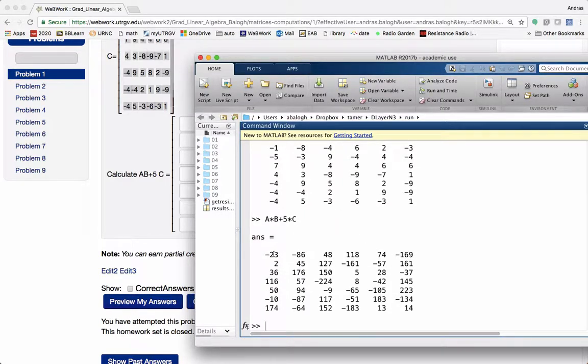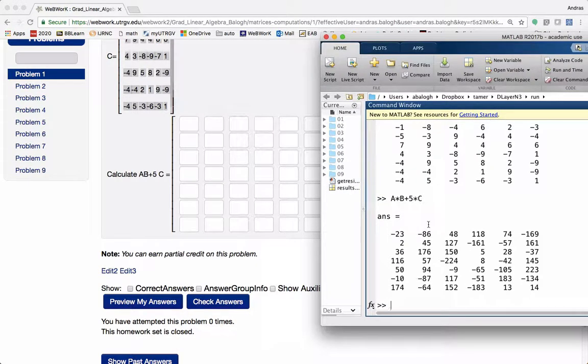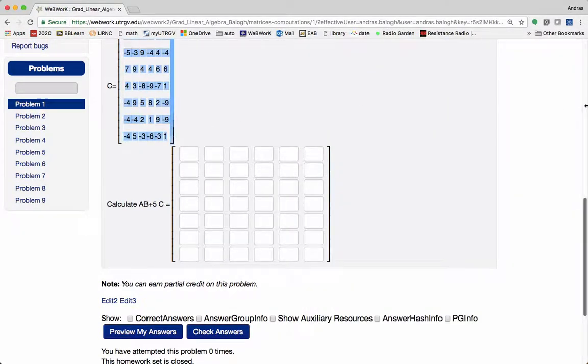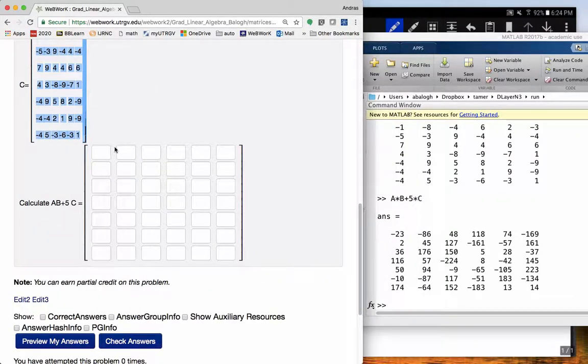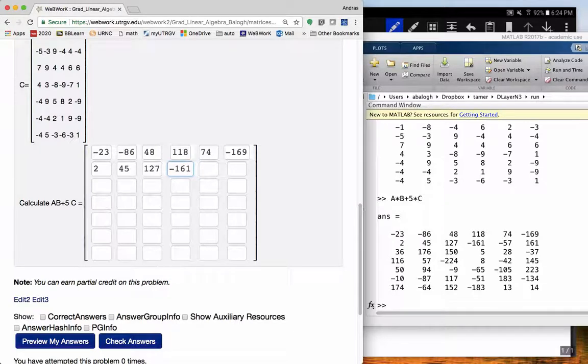And unfortunately, copy pasting back doesn't work for the whole matrix. You do have to enter it one by one. Yeah, so let me try to do that as fast as I can. Minus 23, minus 86, and so on. Tab works to go row by row between the entries. Minus 161, and then I tab to the next one. Minus 57, tab, 161, tab.